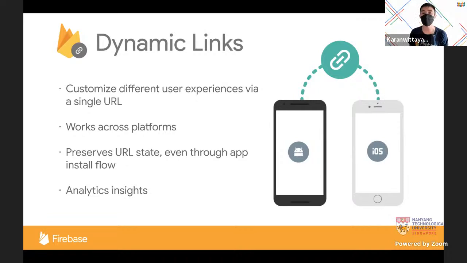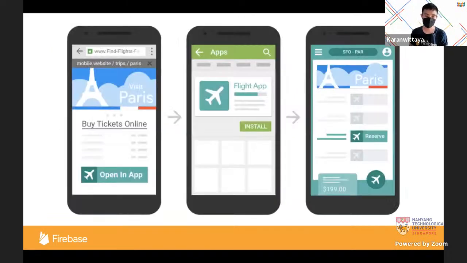And this feature also survives the installation. For example, if you would like the user to go to screen B and the user hasn't installed your application yet, when the user clicks the link, they will go to the store, Google Play or App Store, to download the application. And after the user installs the application, they can go to screen B at first. This is really cool also.